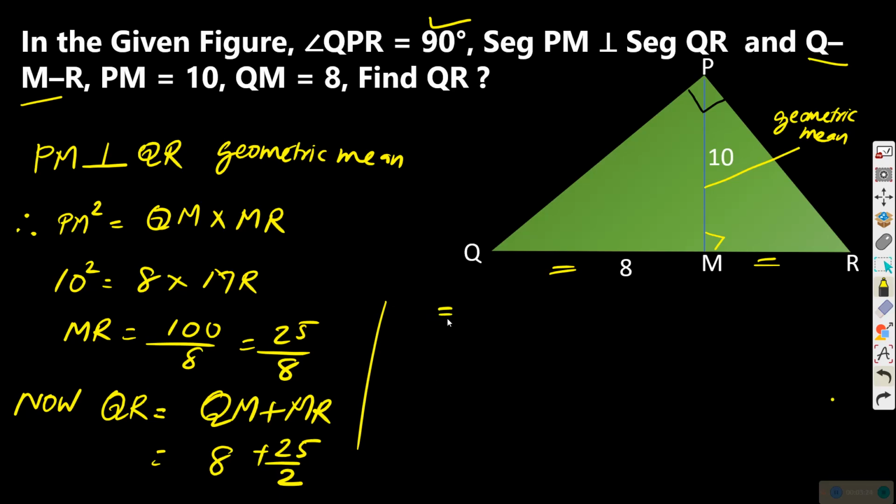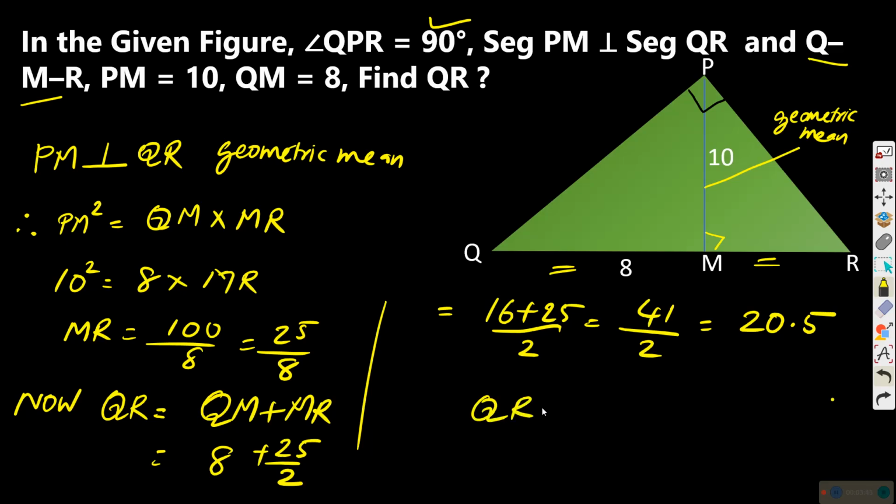We can write it as 16 plus 25 upon 2, which is equal to 41 upon 2. We will stop here. 20.5 units. Okay, so QR is equal to 20.5 units.